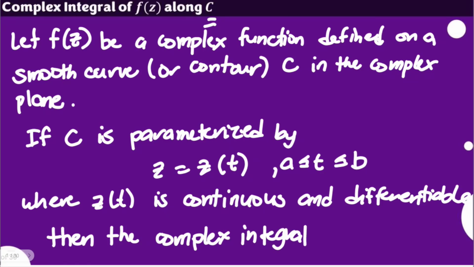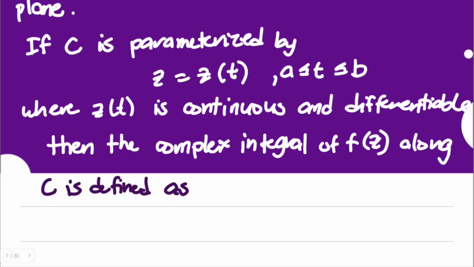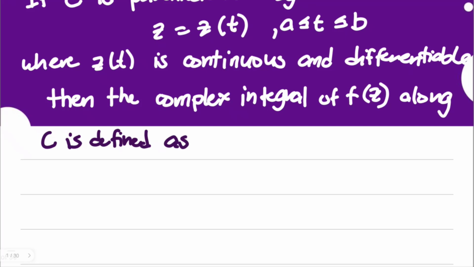the integral of your f of z along your smooth curve, which is c, is defined as, this is the equivalent expression for the complex integral along the smooth curve c, or the contour.